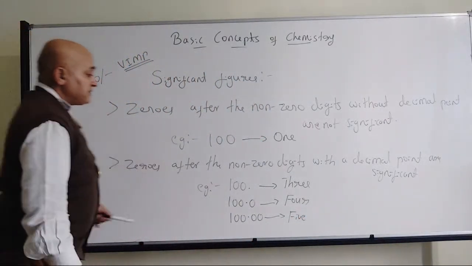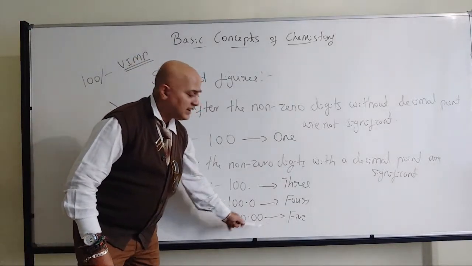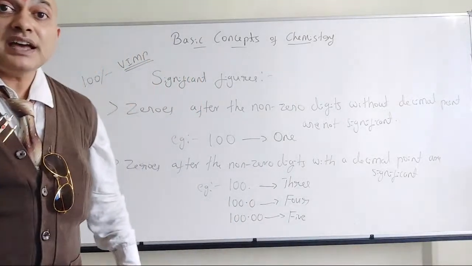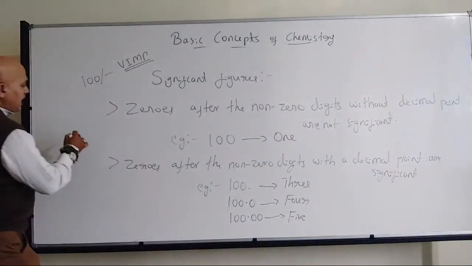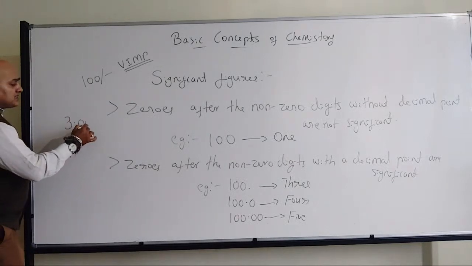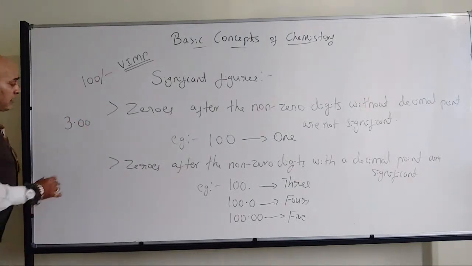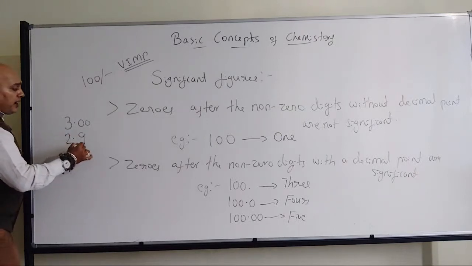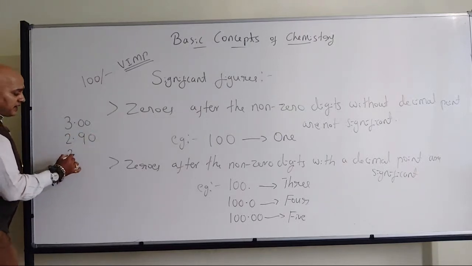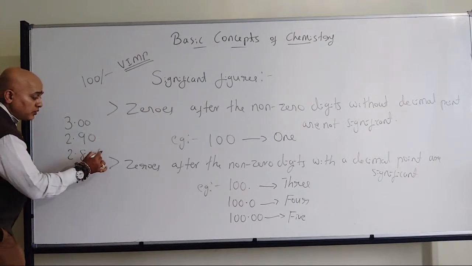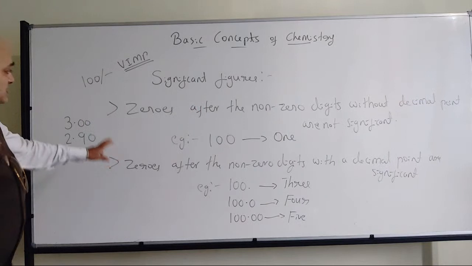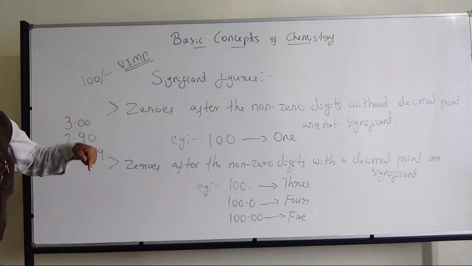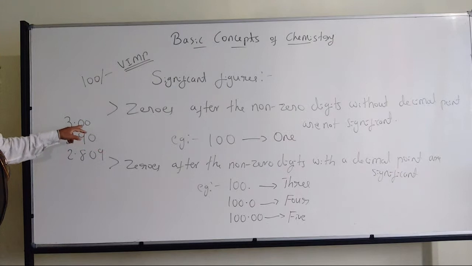That is because even after the decimal point, I am indicating 2 zeros, which means I am going with accuracy and precision. For example, I want to get the value 3.00. Now I am getting the value as 2.90. Another way I am getting the value as 2.809. So the zeros indicate that up to 2 decimal places the value should be 0 only.